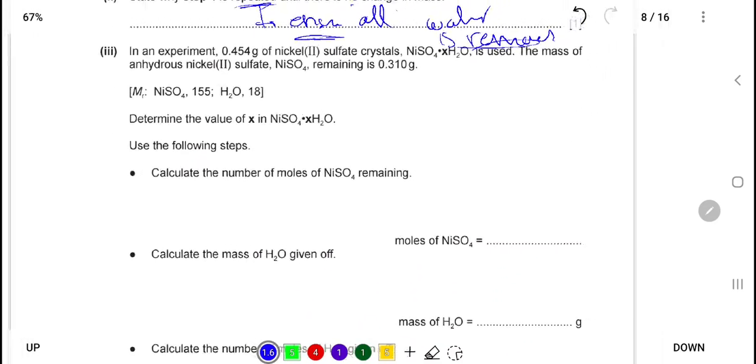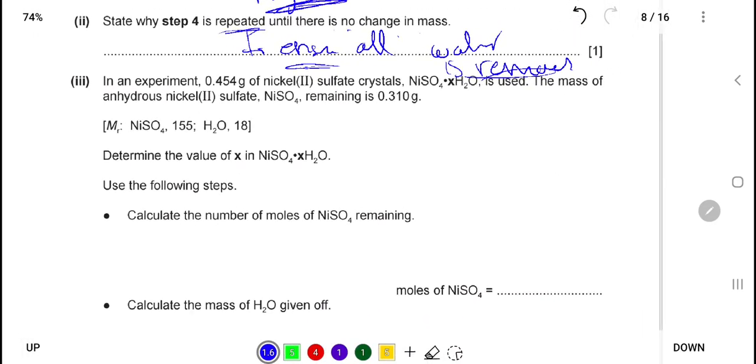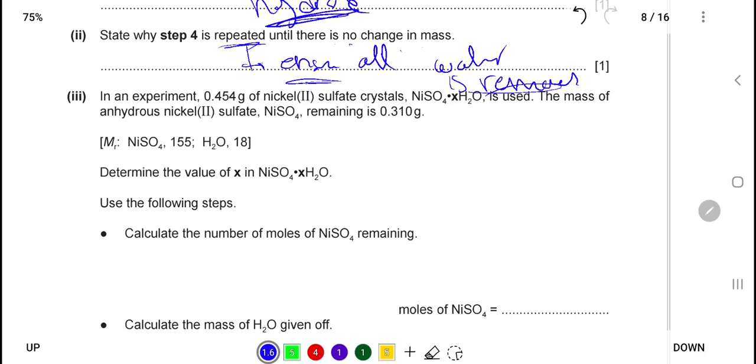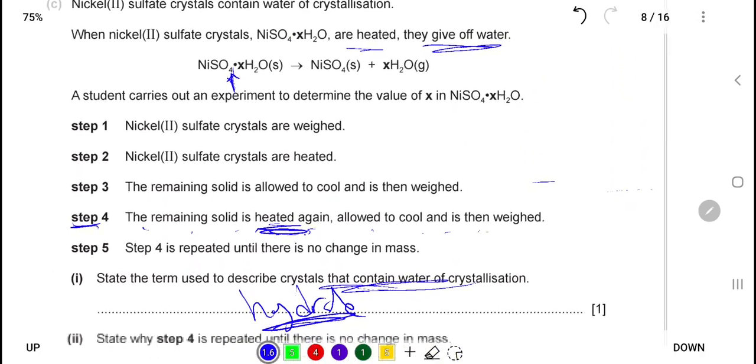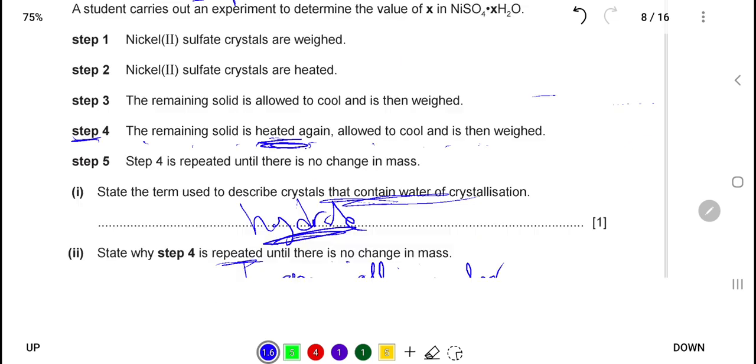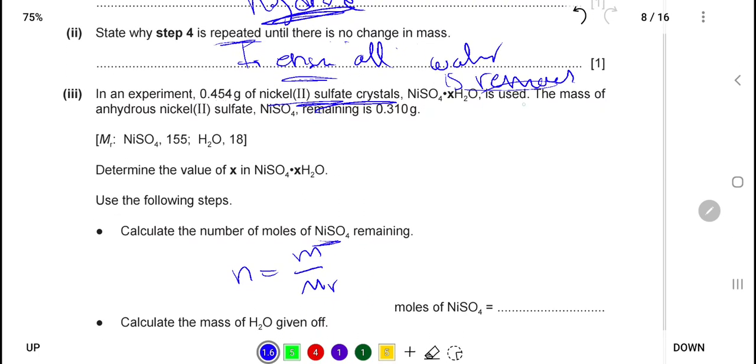And now some stoichiometry type of questions. Calculate the number of moles of NiSO4. n equals m over Mr. So m, they gave you that. Let's read the question. 0.55 nickel sulfate crystals, they're not talking about it now. The mass of anhydrous nickel sulfate, NiSO4, remaining is 0.310.